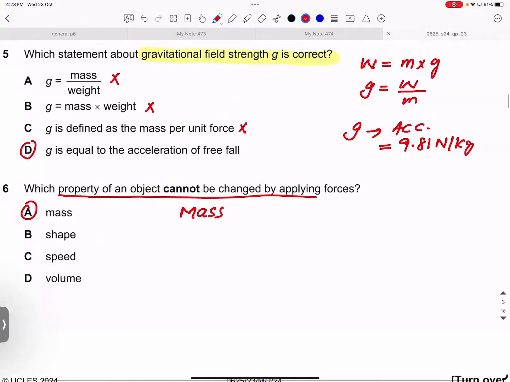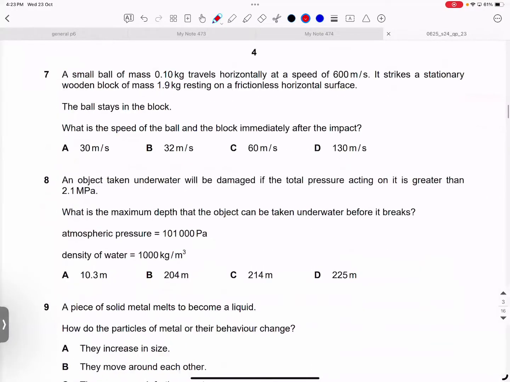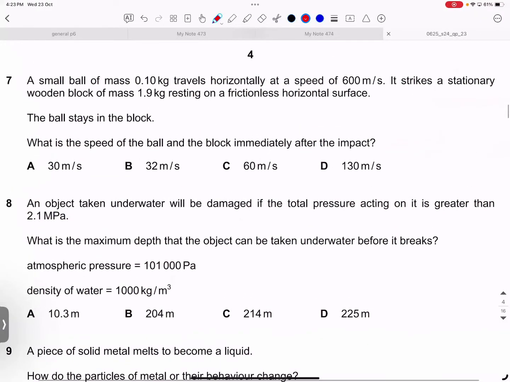Question number 7. A small ball of mass 0.1 kilogram travels horizontally at speed 600. It strikes a wooden block of mass 1.9, which is stationary. So you have M1, the ball, you have U1, its speed, you have stationary U2, 0, and you have mass of the wooden block M2.